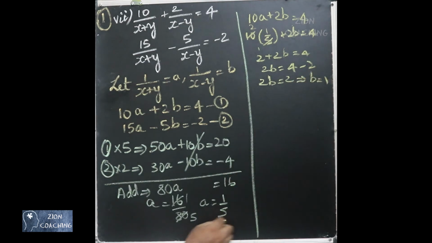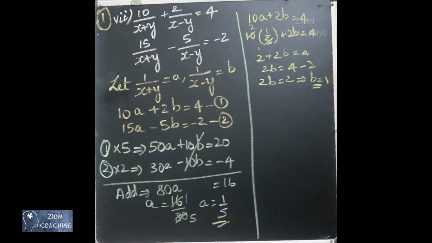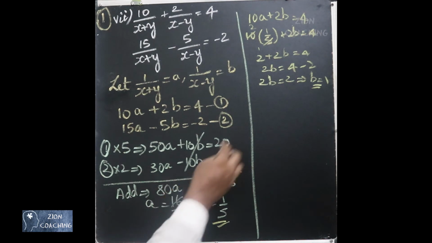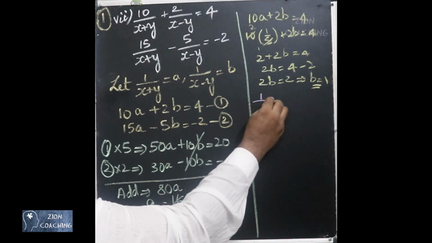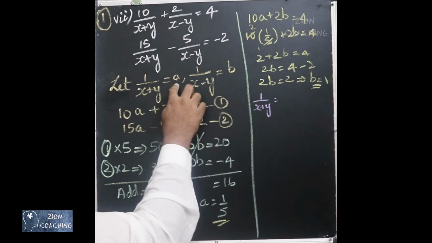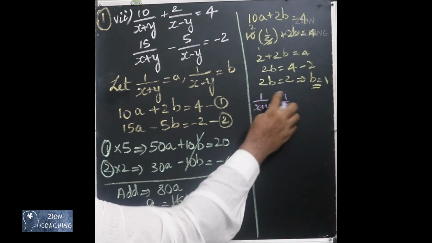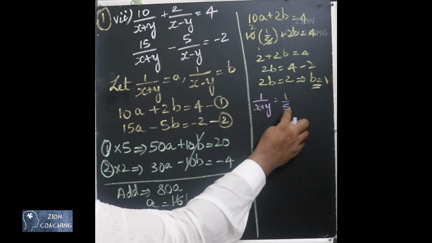Now we have found a value and b value. We are going to substitute. When you substitute, we get 1/(x+y) = your a value. A value is 1/5. Since the numerators are same, denominators also will be equal.